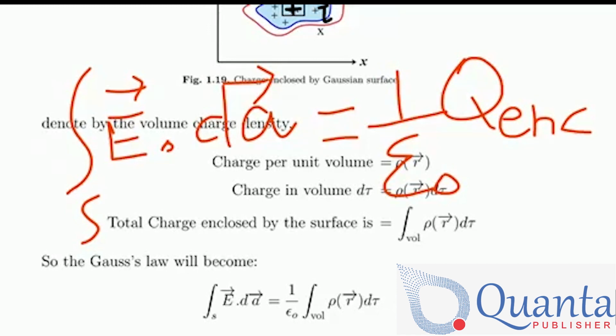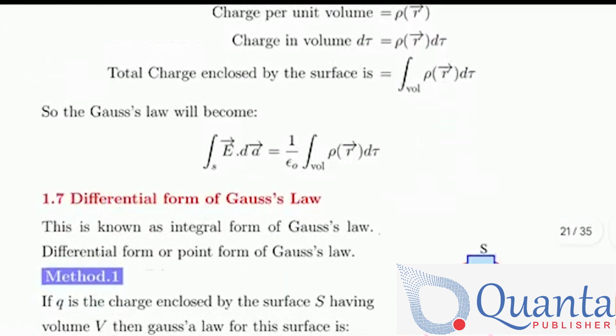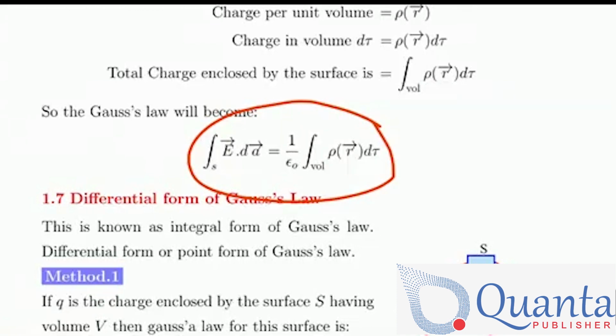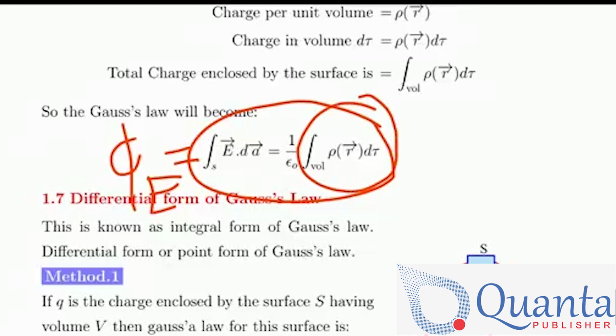If we use this equation for the total charge enclosed by the surface and put it over here, we have the following equation, whereas you see that on the left hand side is the total flux through that surface, which is the integral over E dot dA, whereas on the right hand side you see that the integral of charge density is present, and this equation is known as the integral form of Gauss's law.